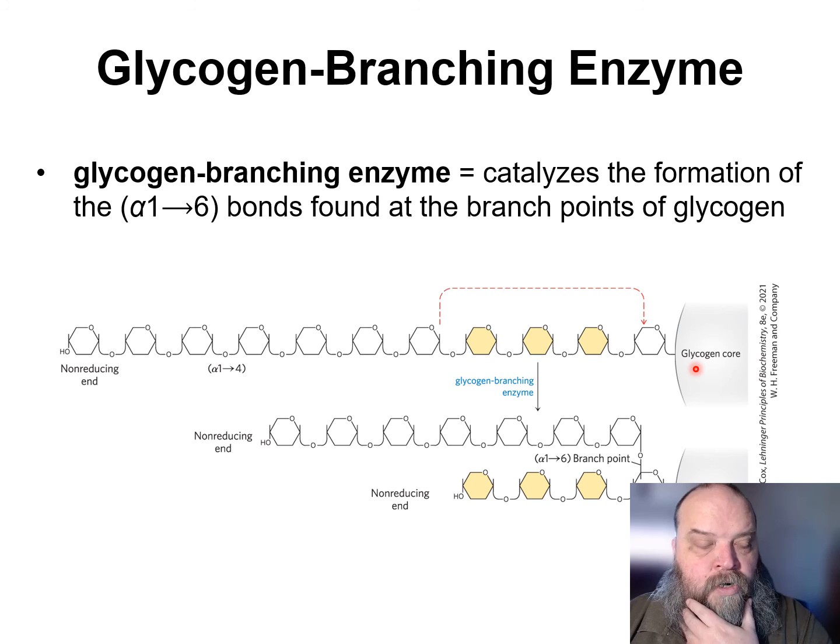Remember our structure of glycogen. It's going to cut and then shift, and now you have an alpha 1 up here, 6 right there. And you now go from 1 non-reducing end to 2 non-reducing ends, which further residues can be added to.